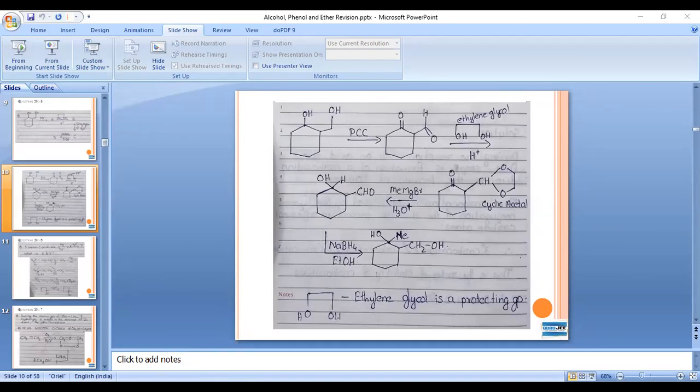Don't have to think about all those mechanisms. When in these kinds of questions one product is formed from two reagents, it will be given in a single arrow mark itself. One particular reaction. So that is not a trouble. Next question.